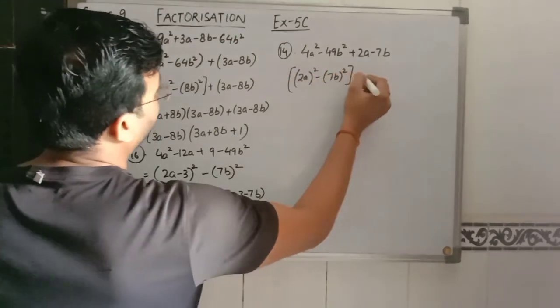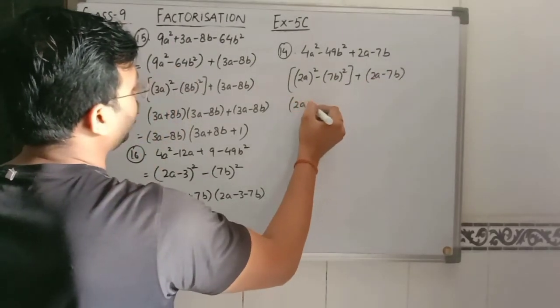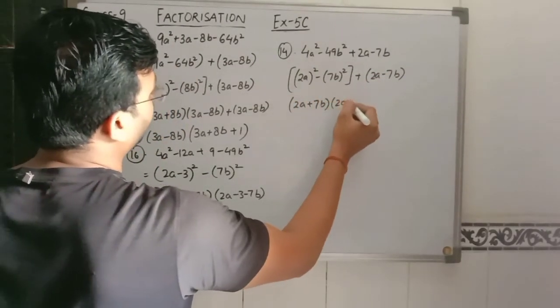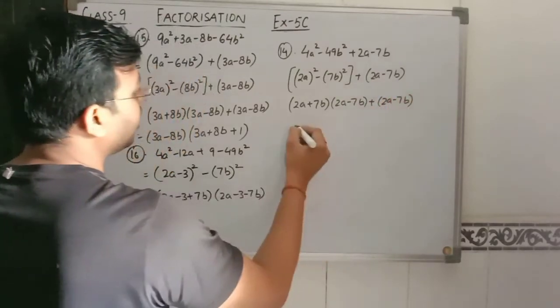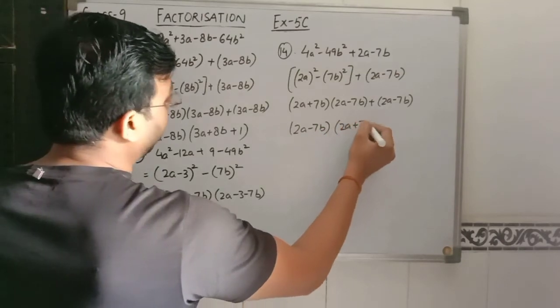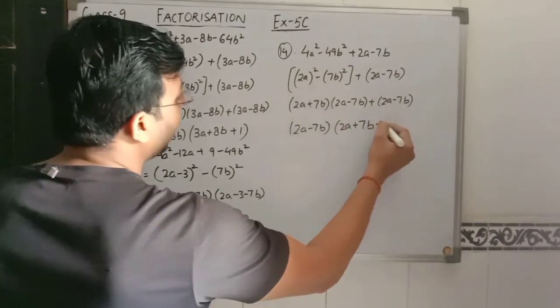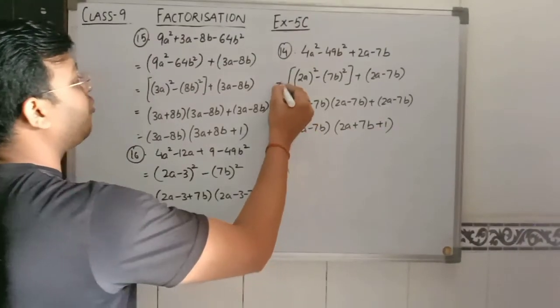Group together, and 2a minus 7b group together. So in the first bracket 2a plus 7b, in the second bracket 2a minus 7b, and this 2a minus 7b is written similarly. Now 2a minus 7b we can take common. So from the first bracket we have 2a plus 7b, and from the next bracket nothing is left, so 1. So this is the question number 14 solution.